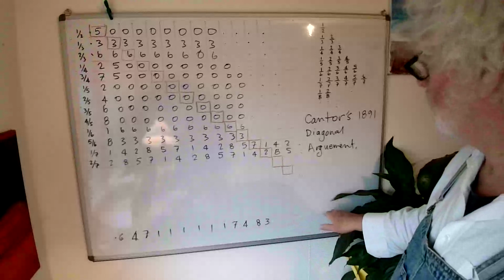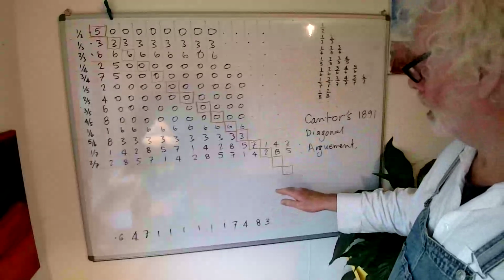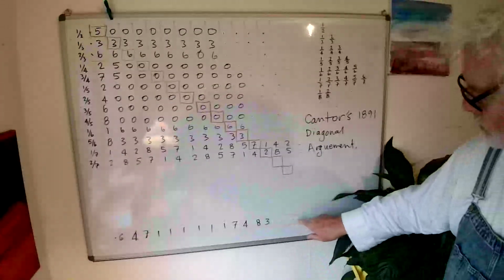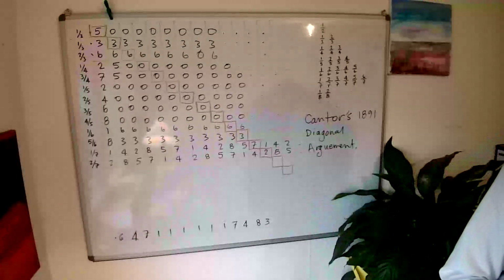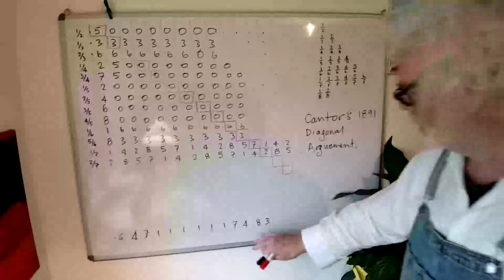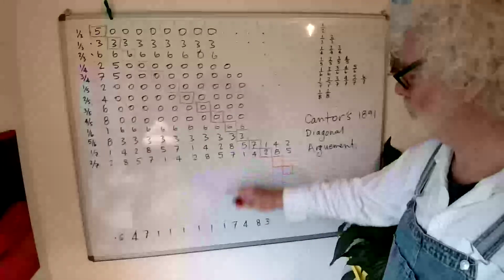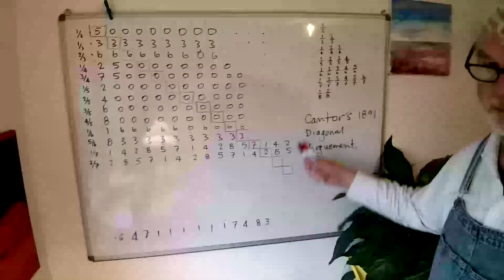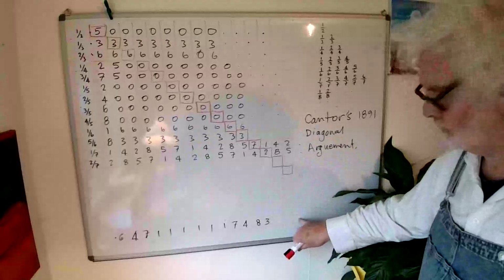But when I do get to it, I'm going to change it, and this number will then be different from it. So whichever number you claim this is the same as, it's actually going to be different, because when I get to that number, I'm going to change it to make this one.